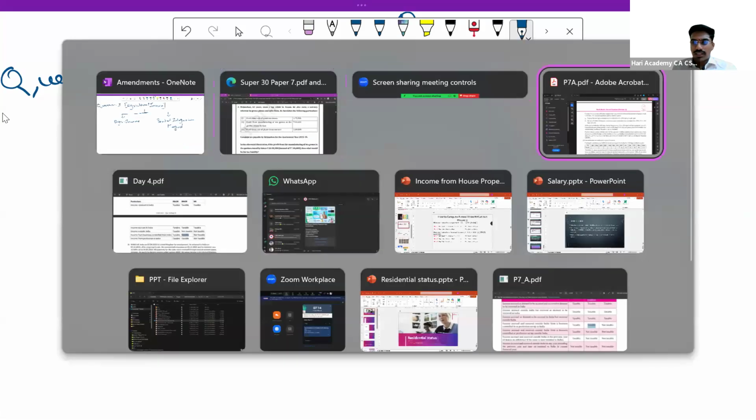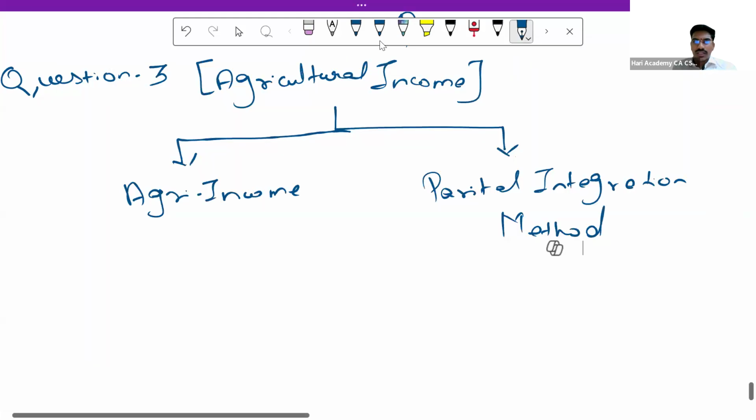First, let us understand what is an agricultural income and what quantum of it is taxable or not. If you just recall, agricultural income is not taxable in India, right? However, if a person is in the process of manufacturing of tea or manufacturing of coffee, the entire income does not pertain only to agricultural income, and it has to be split properly between what is agricultural income and what is not.